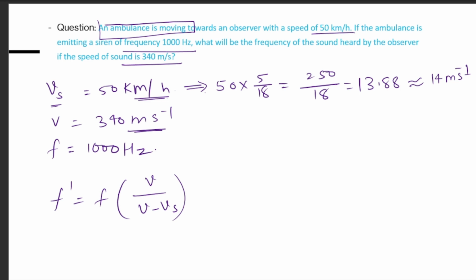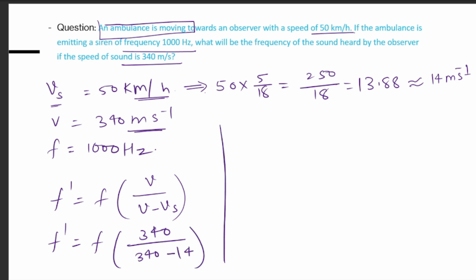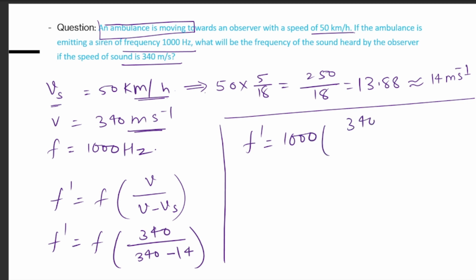Everything is properly aligned, so I can write f dash is equal to f v, which is 340 divided by 340 minus 14. So f dash is equal to 1000 into 340 divided by 340 minus 14, which is 326.